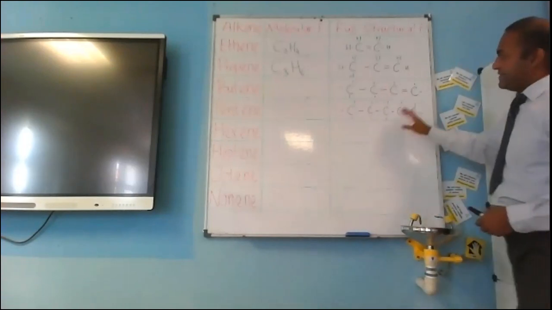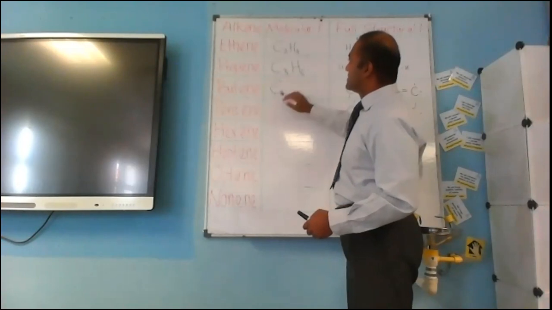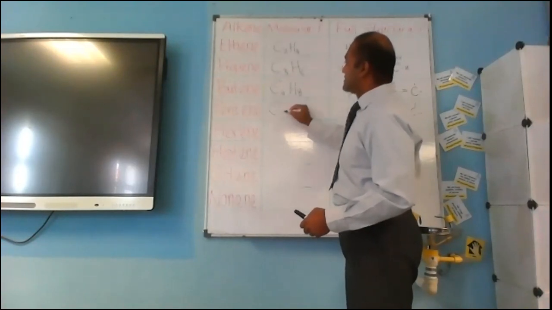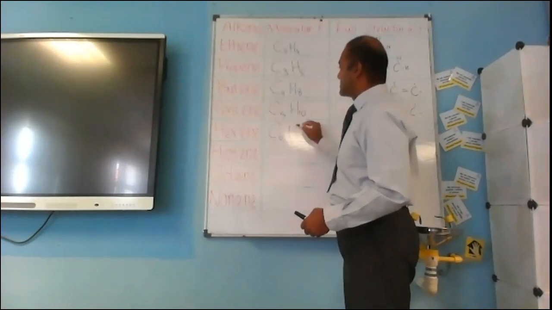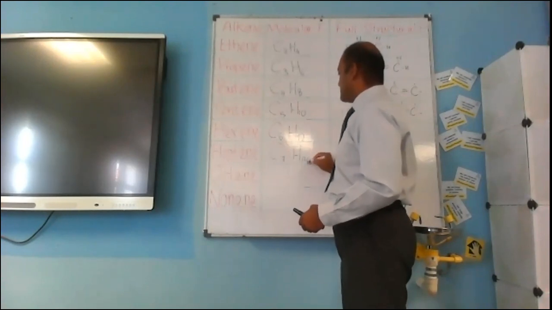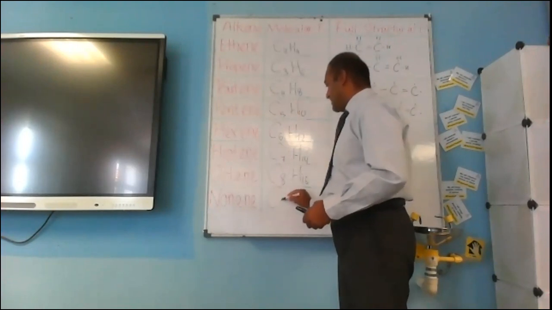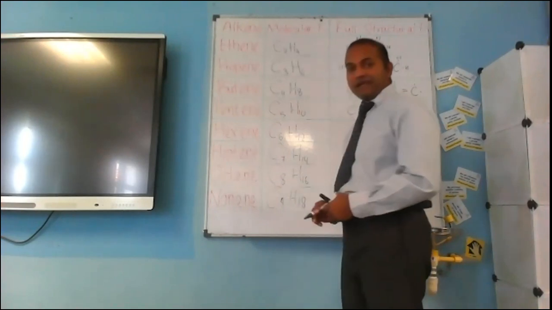Every time you do the same thing, you can come up with the formulas: C4H8, C5H10, C6H12, C7H14, C8H16, C9H18, and you can see a trend.